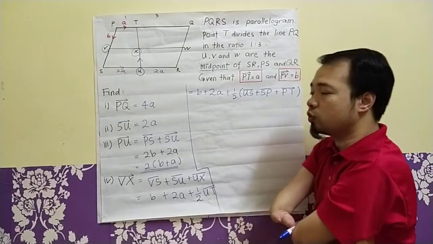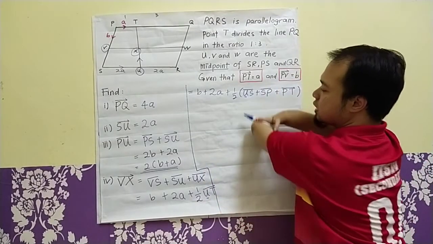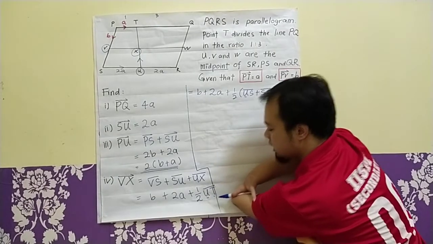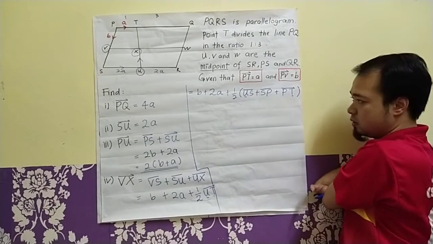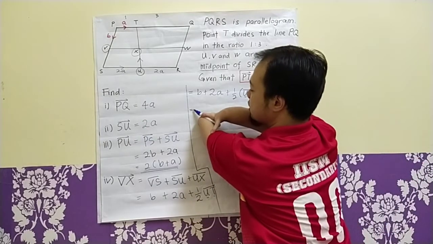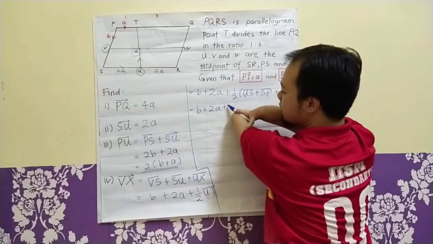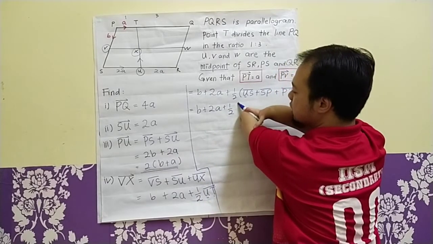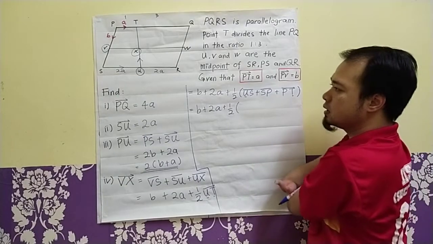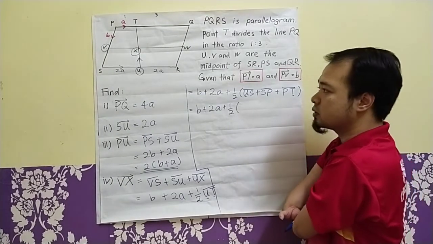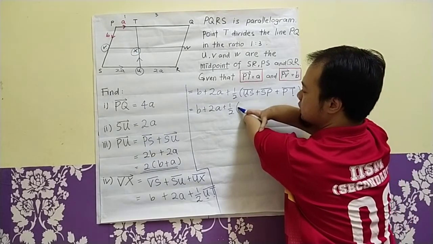How to know that your path is right or wrong? Make sure you start with letter U, and your last letter must be T. Then fill in the information. So b plus 2a plus half, bracket, US. What is US? Is it 2a? No. So what is it? Negative 2a.